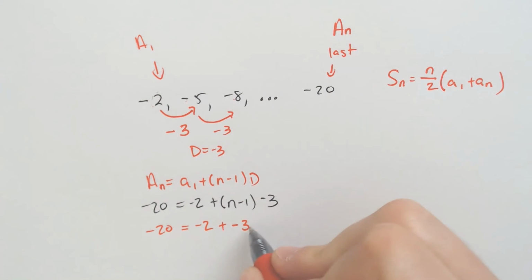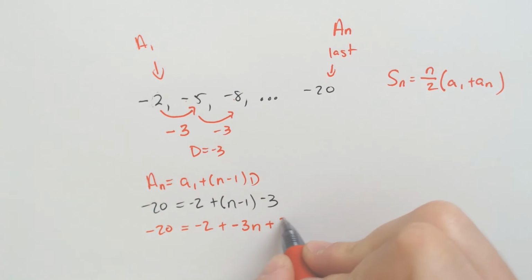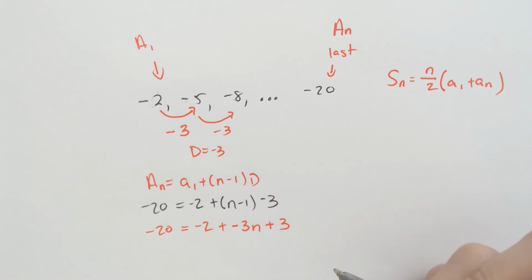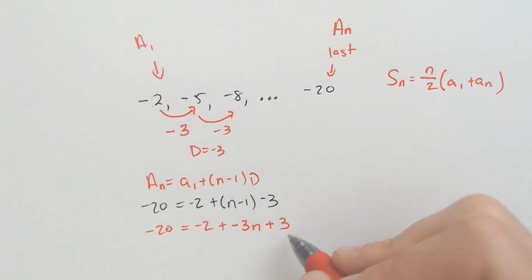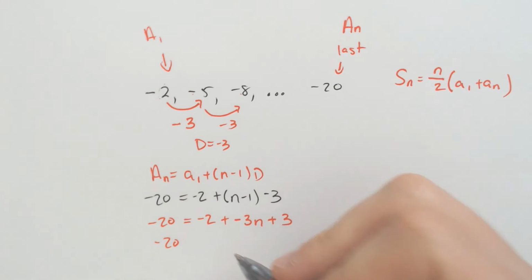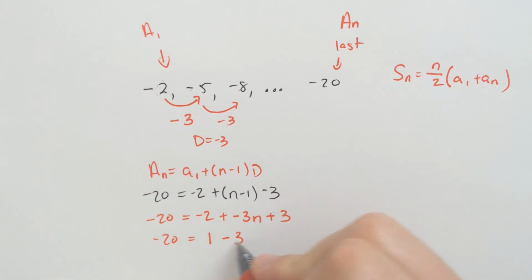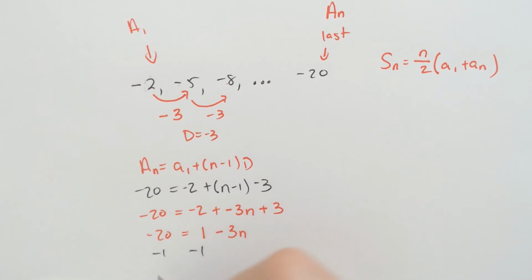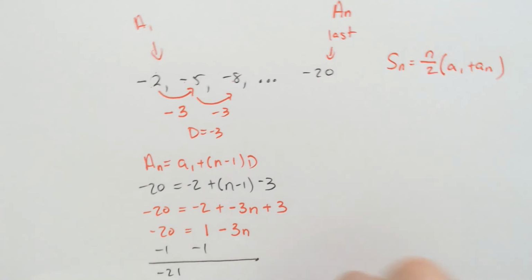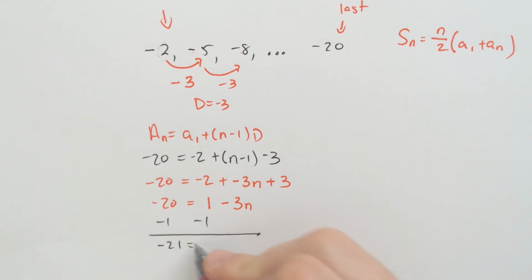You end up with negative 3n plus 3. I could have just written minus 3n. Combine the negative 2 and the 3. Negative 2 and 3 makes 1 minus 3n. Subtract 1, subtract 1. Negative 21 would equal negative 3n.